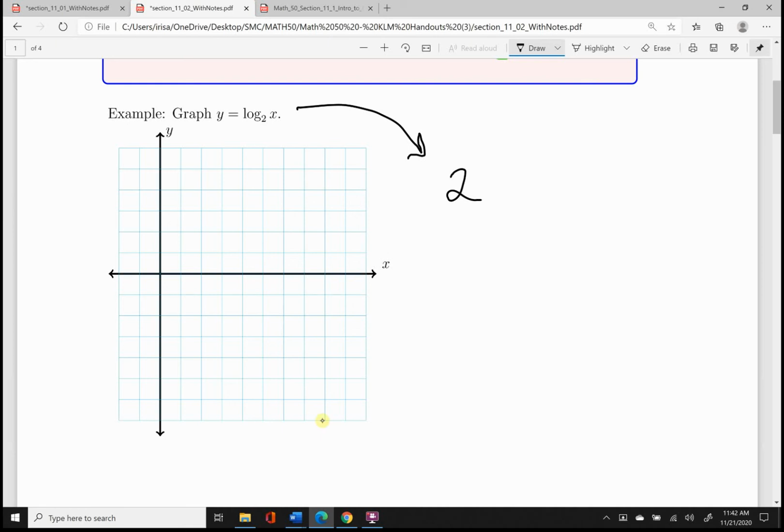The log is equal to the exponent. The log base 2 of x equal to y means that the y goes in the exponent position there. And then the exponential expression is equal to the argument, which is the x. Okay, so then you want to make an xy table, commonly associated with the f of x table as we were thinking about it before, but now we're just switching gears to think about these things in terms of y.